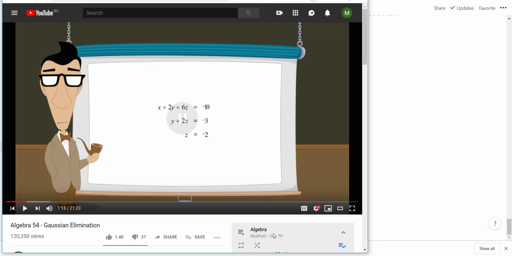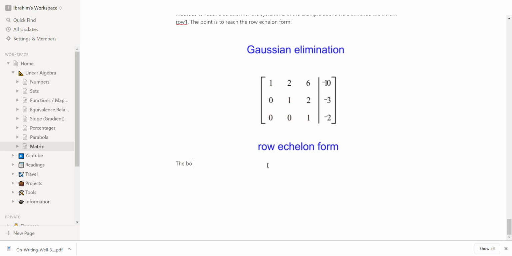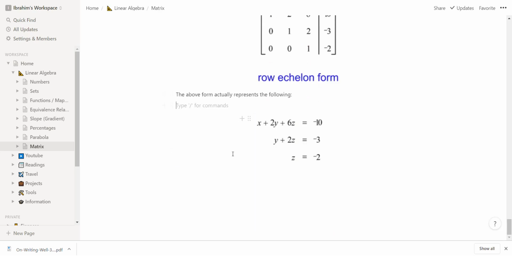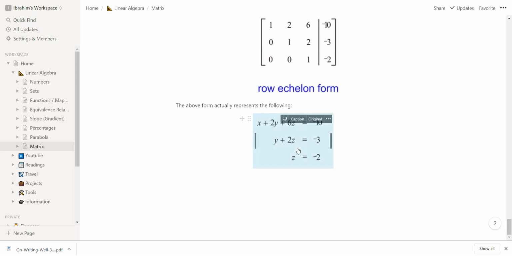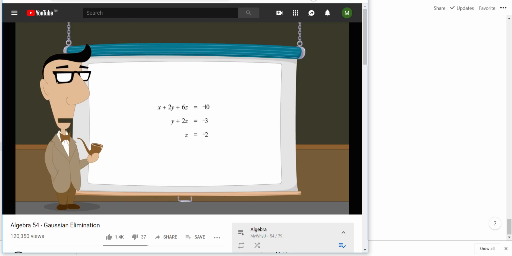original system. These simpler equations can then be easily solved using a substitution process, which we will see later in this lecture, called back substitution.